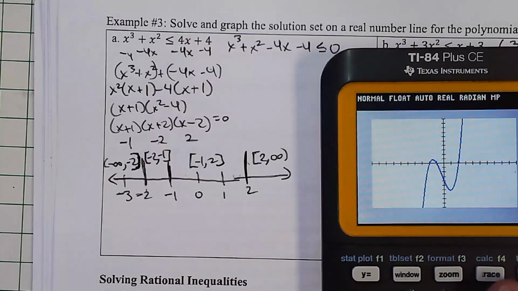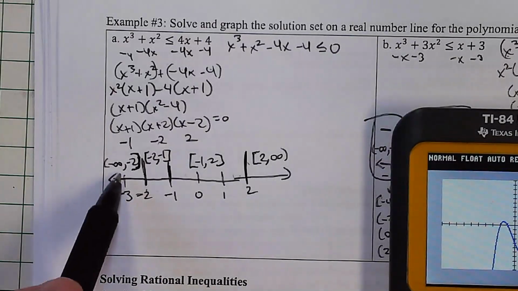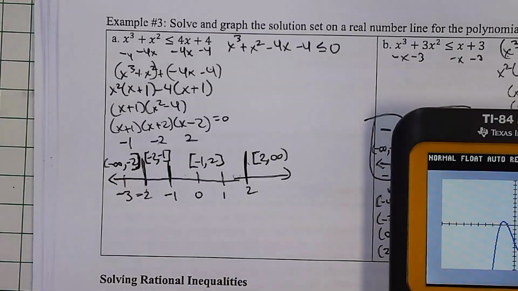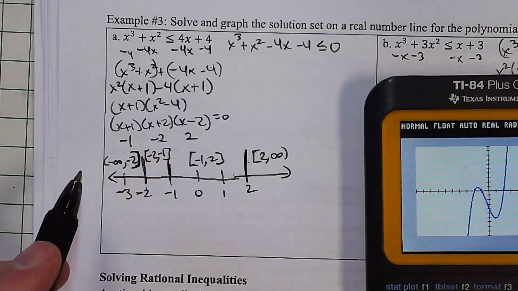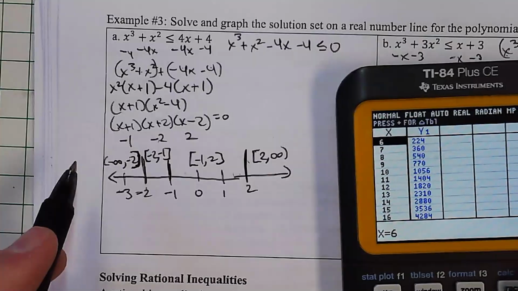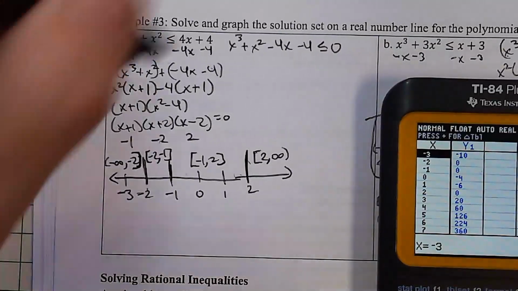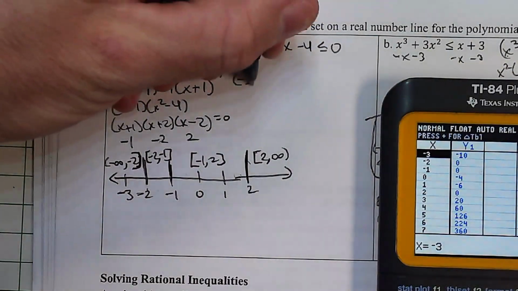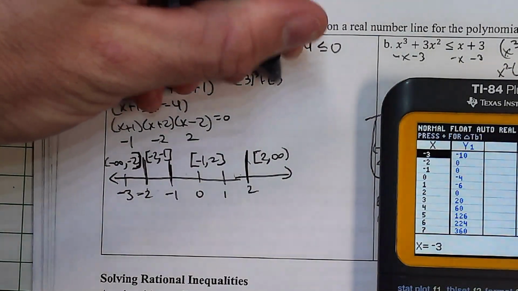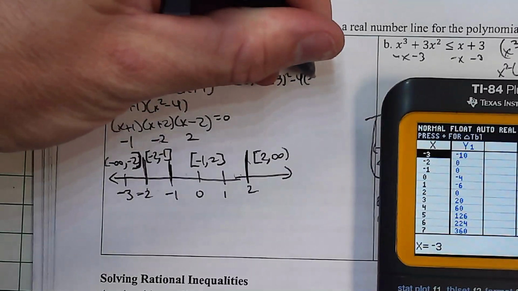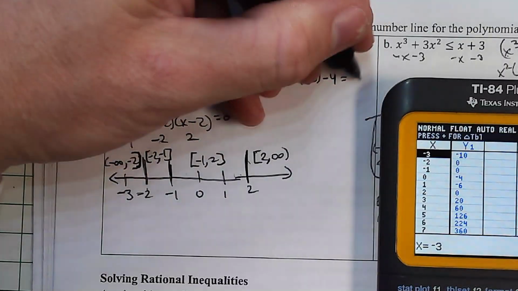All right, so now we're going to plug in values in these areas. I could be lazy and go to the second graph. So I'm going to do negative 3. I'm going to do that up here. So negative 3 cubed plus negative 3 squared minus 4 times negative 3 minus 4. That's negative 10.